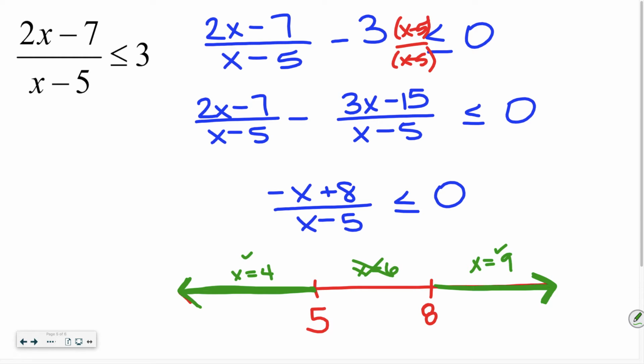Conversation at your pod. Do I put a bracket on 5 and a bracket on 8? Please just guess.